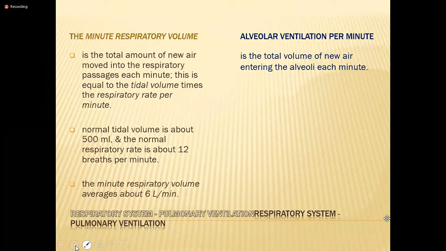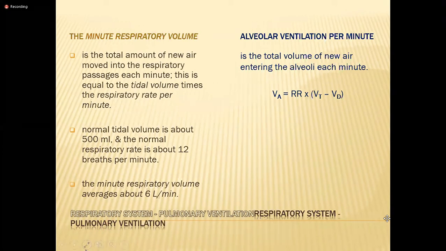Alveolar ventilation per minute is the total volume of new air that reaches the alveolar area each minute. Okay, so it's not all the air that you inspire that reaches the alveolar area. So the alveolar ventilation is the total volume of new air that enters the alveoli each minute.